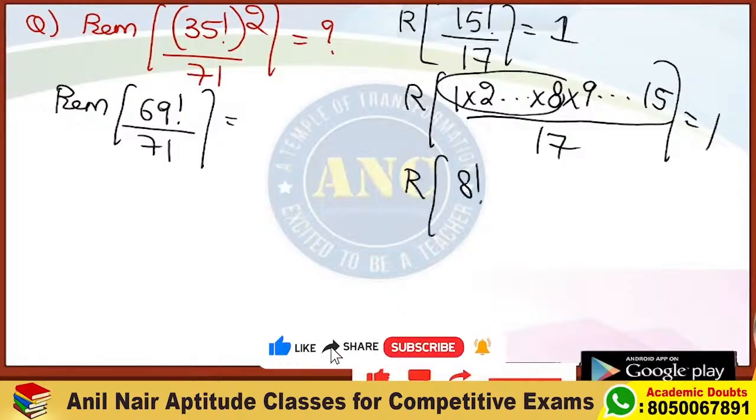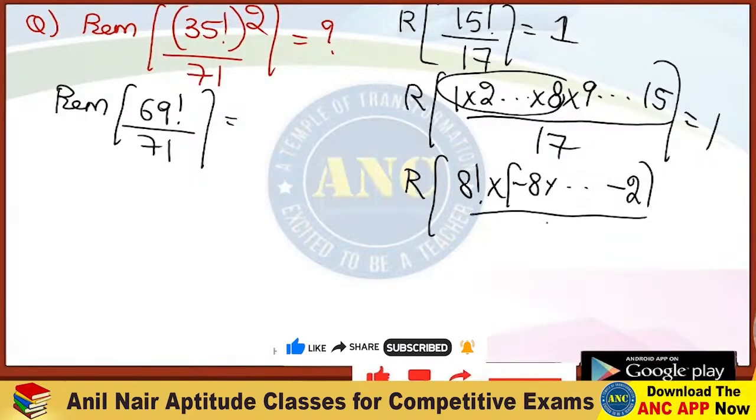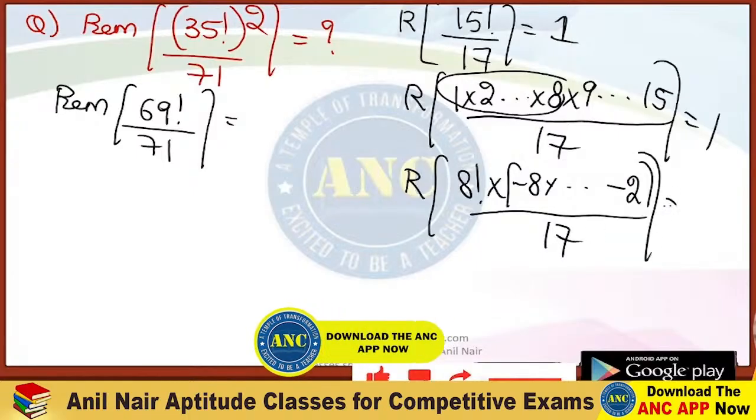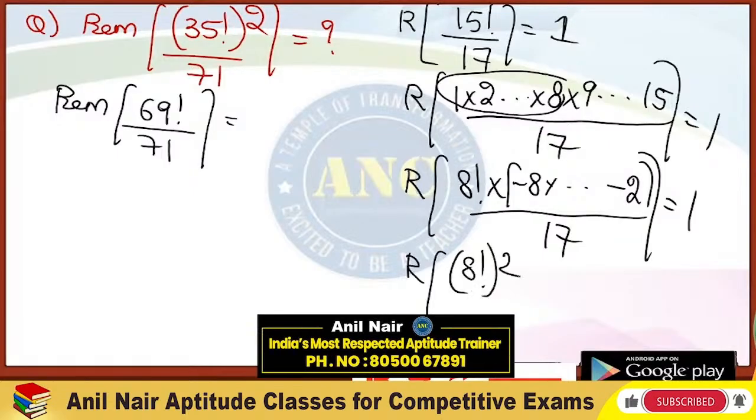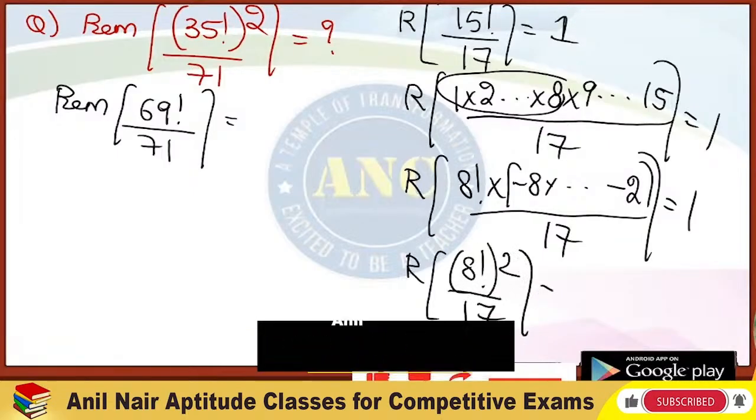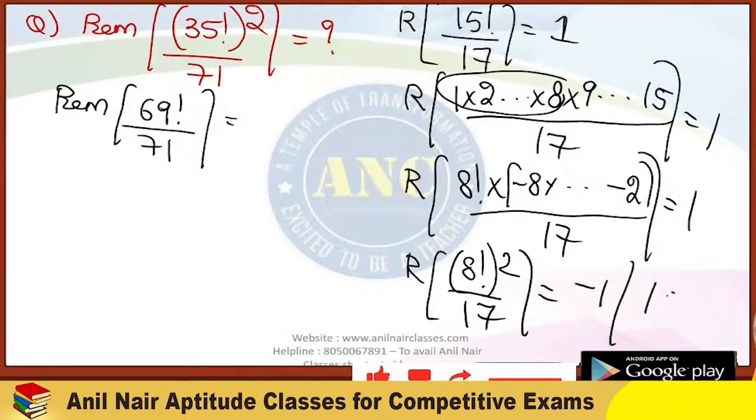I hope the idea is clear. 9 by 17 is minus 8 and minus 2, divided by 17 is equivalent to 1. These 2 to 8 give a negative, so 8 factorial whole square divided by 17 is minus 1. 17 minus 1 is 16.